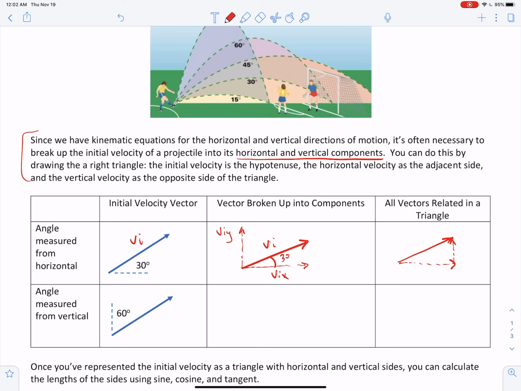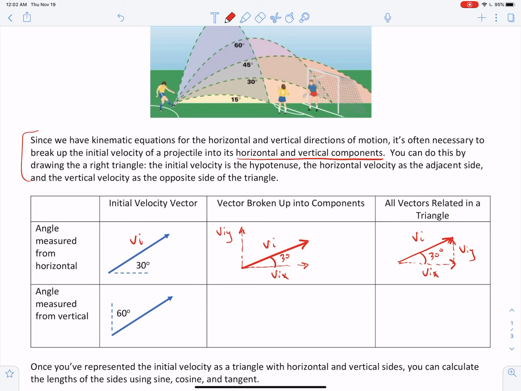So this is VI, this is VIX, this is VIY, and then this is that 30-degree angle. Once we have it recreated into a triangle, we can use some of the trigonometric functions, sine, cosine, and tangent, to actually figure out the values of these different components. We'll take a look at that in a second.